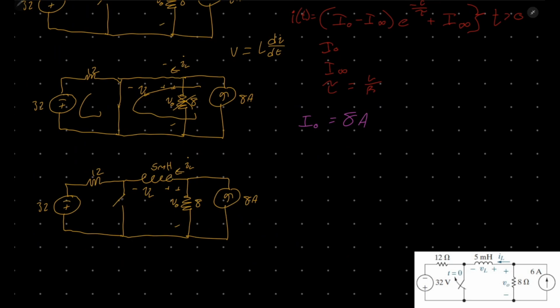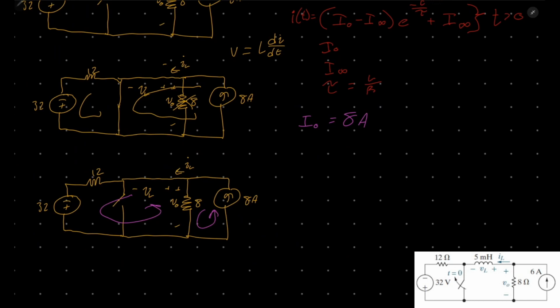Since our switch has been open for a really long time, our inductor will yet again act as a wire, so we can replace our inductor with a wire. And now we will calculate the current going across this wire in this state. Now we have two loops, one loop right here and one loop right here, which means we can do mesh analysis.